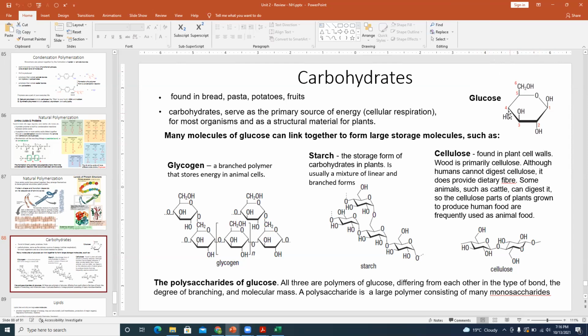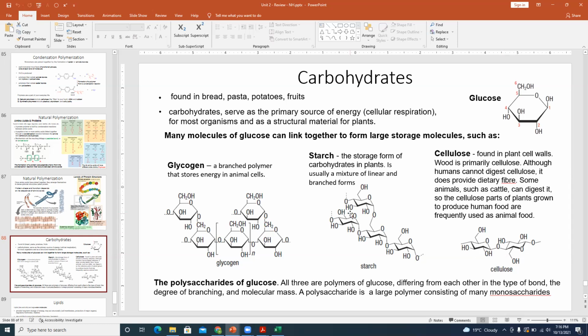Instead of single molecules of glucose just flying around and being quickly metabolized, they tend to form large glycogen, starch, or cellulose, which become storage molecules for energy.